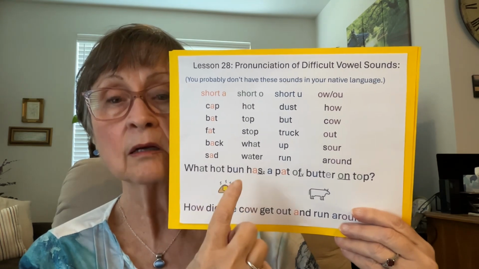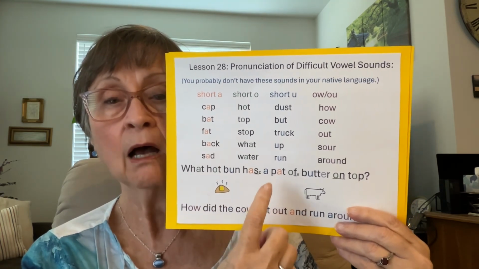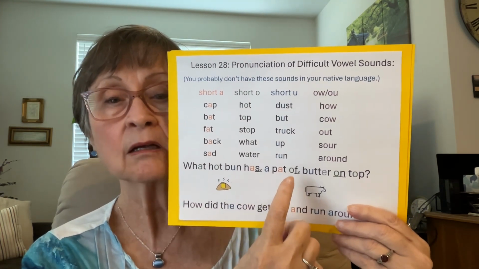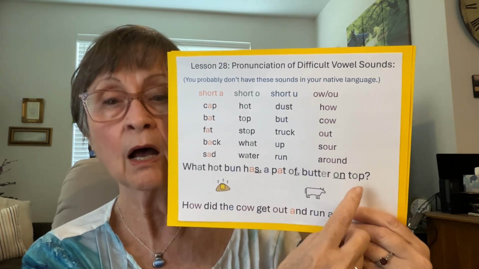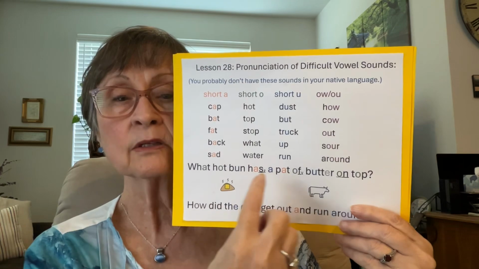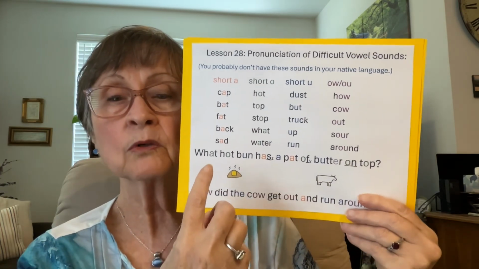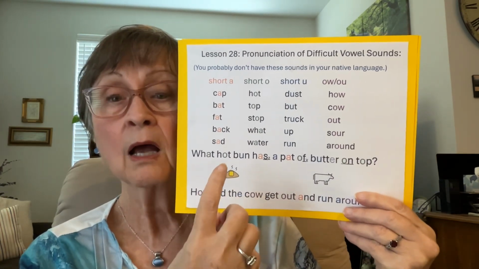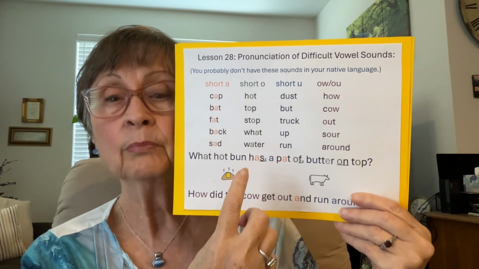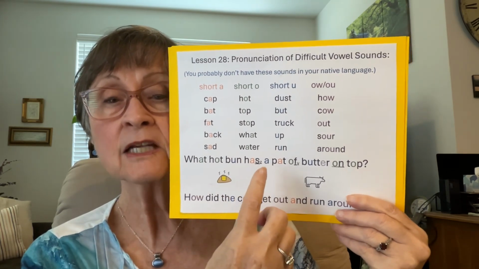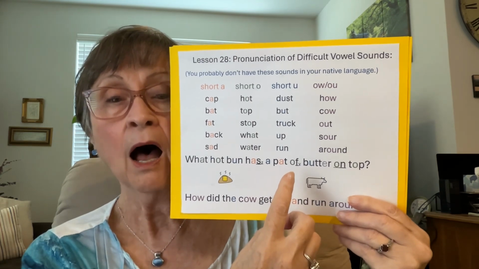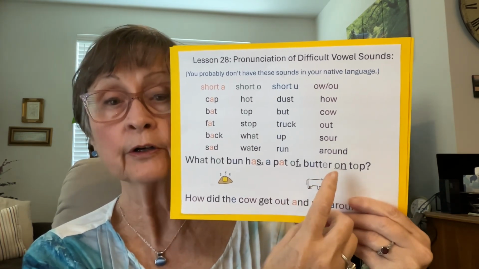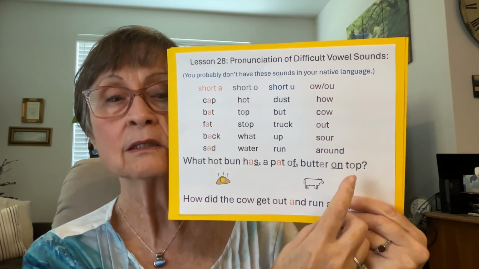What hot bun has a pat of butter on top? Practice saying that sentence. Read it with me one more time. What hot bun has a pat of butter on top?